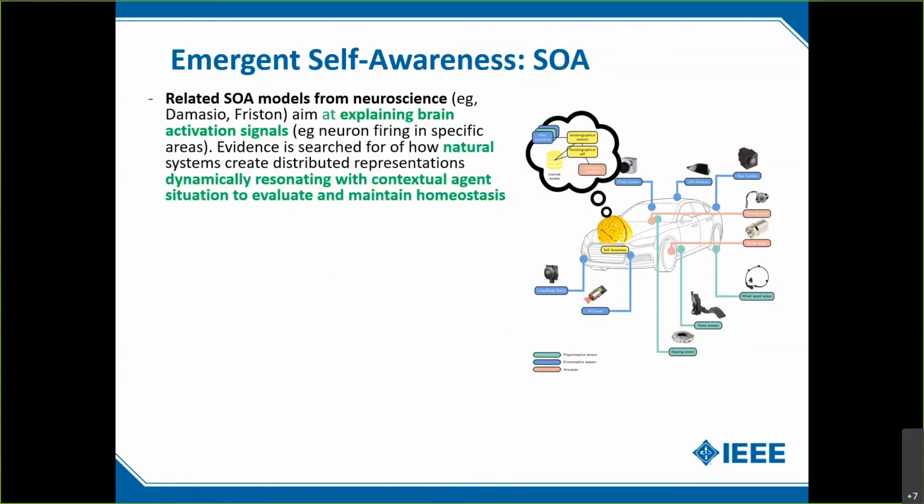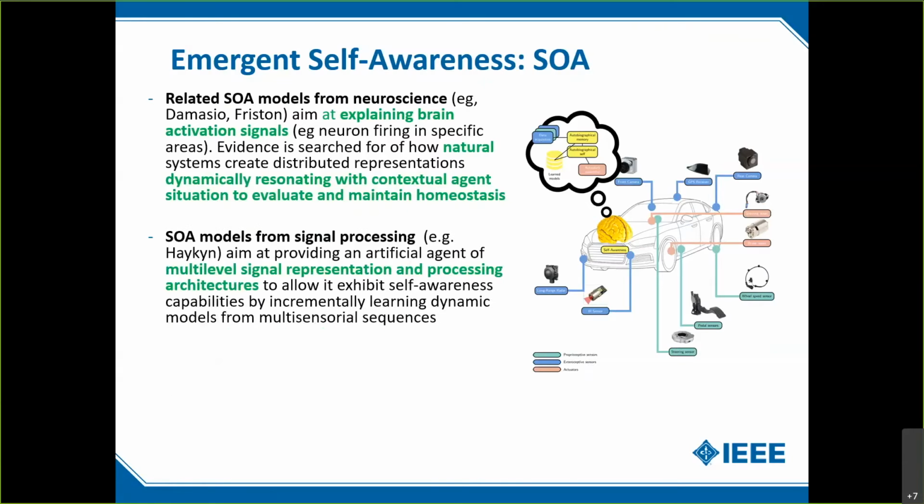We can imitate, in some sense, what happens in natural agents, and we have a literature considered in the paper that starts from looking at how, for example, neurons fire in humans, and how we can process the signals generated by observing this neuron firing in such a way to monitor what kind of correlation is present between such neurons, and to allow this neuron firing to resonate with what the agent is doing, giving it a sort of reflection of what is happening.